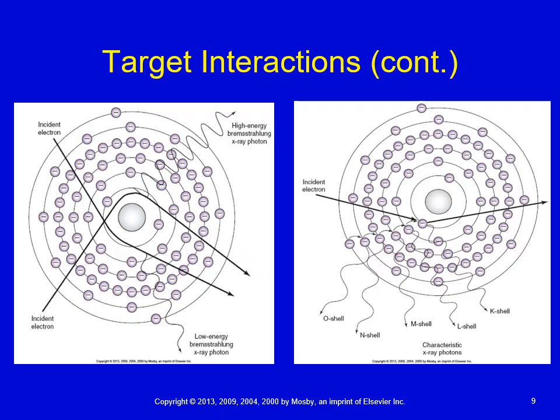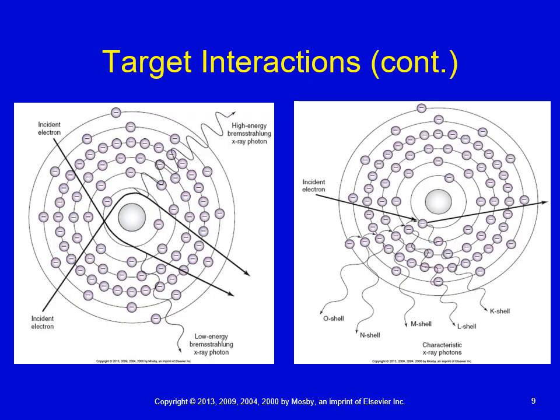Once it slows down, it will also change directions, and it will leave in a different direction. So it will leave with less energy than it entered with, but in a different direction. Now, when it does slow down, we already know that energy cannot be created nor destroyed, so that loss of energy produces a bremsstrahlung type X-ray.